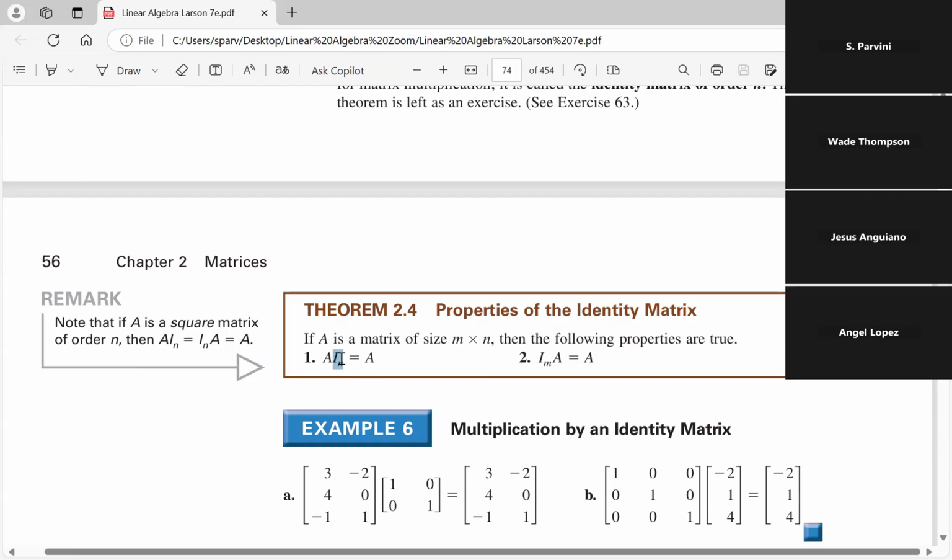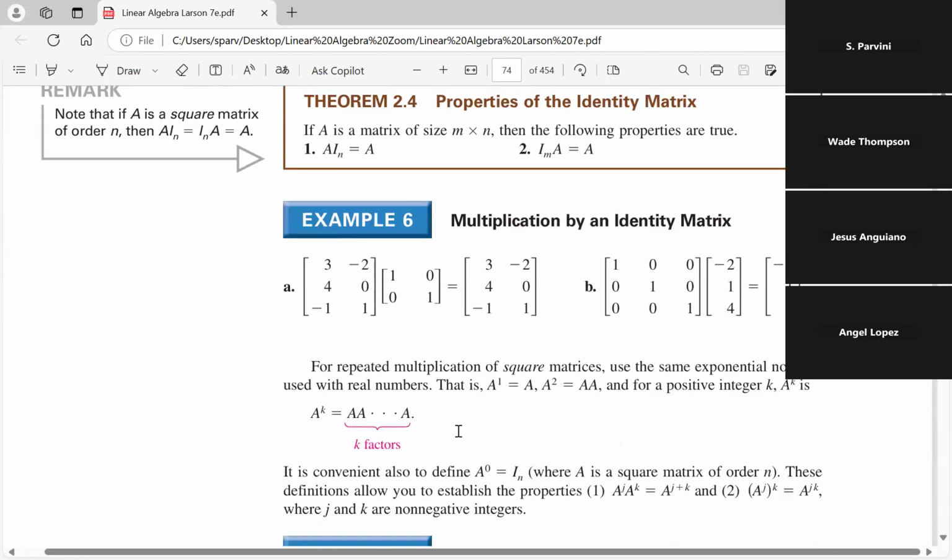So any matrix A times the identity matrix will give you A. It doesn't matter whether you do A times I, and check this one out, I times A. See that? So whether you do post-multiplication, post meaning after, by I or pre-multiplication by I, the result is always A.